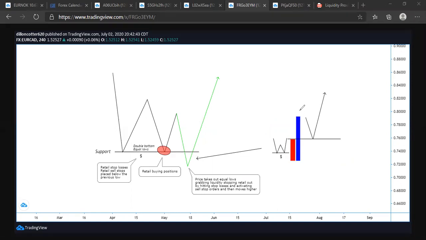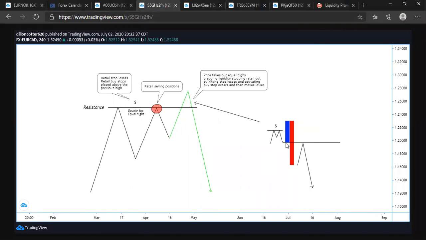So what we want to wait for is that corrective move back to the open of that last bullish candle, excuse me, that last bearish candle before seeing that bullish impulse. And vice versa, that last bullish candle before we get that bearish impulse.